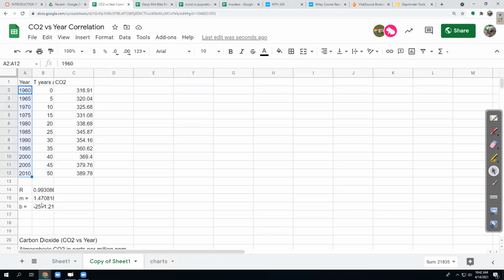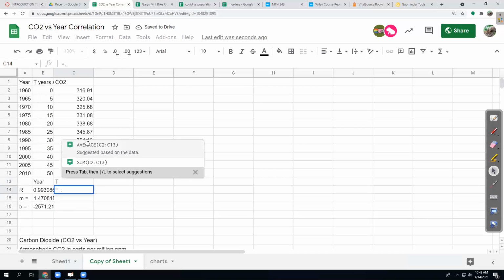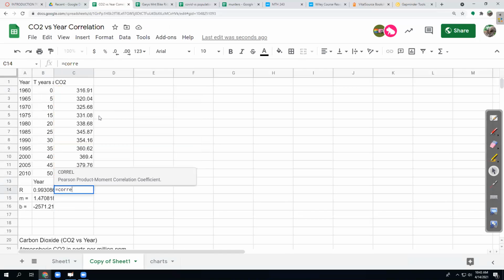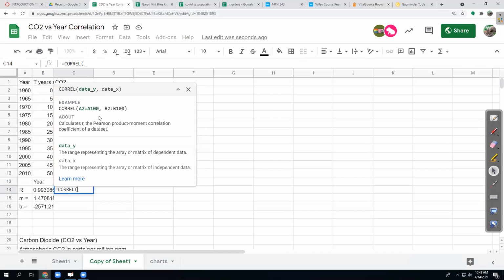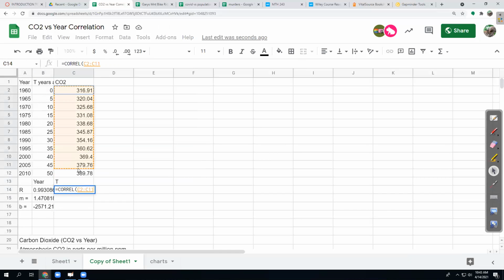Next I'm going to recalculate the slope and the y-intercept. These ones right here were based on the actual year, so I'm going to recalculate them based on this new variable T. And what you should see is that some of them aren't going to change. I want the correlation, with the y data, comma, my new x data.